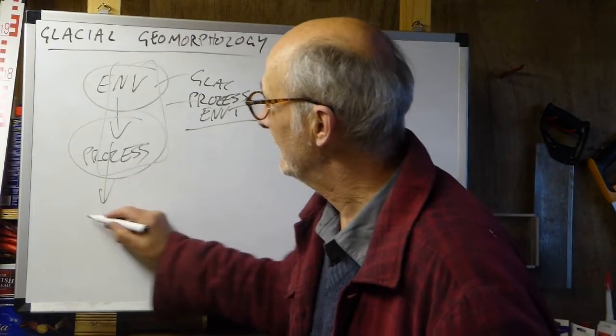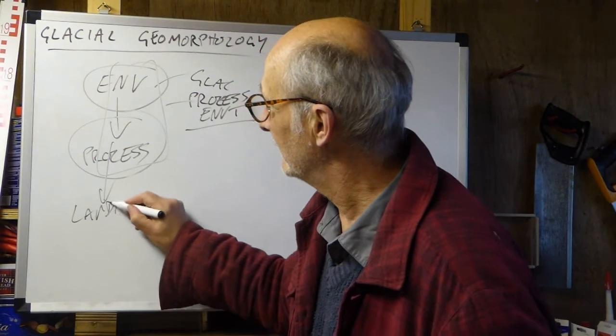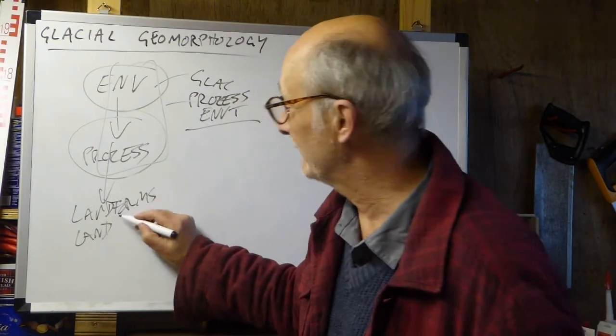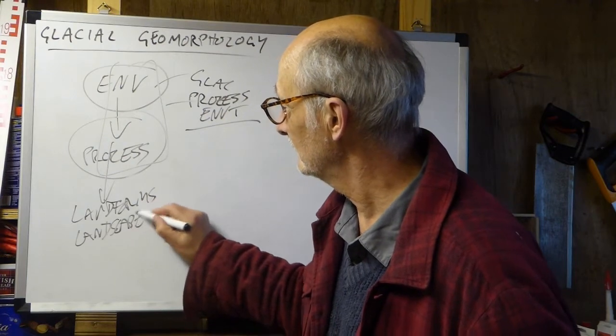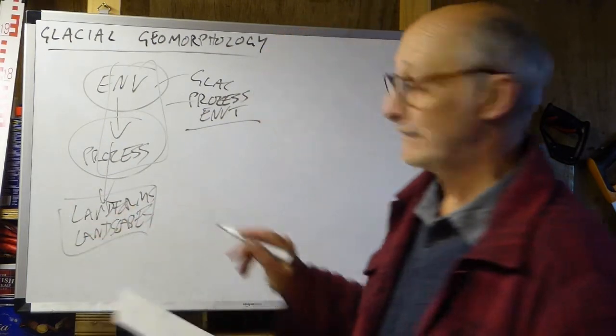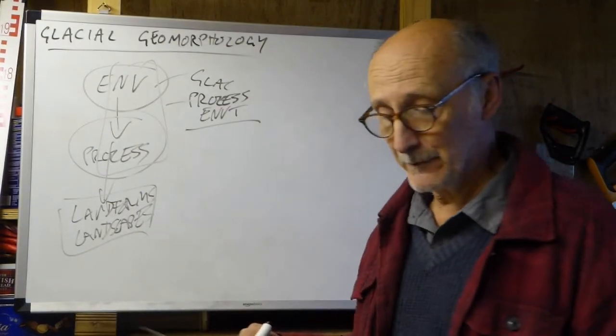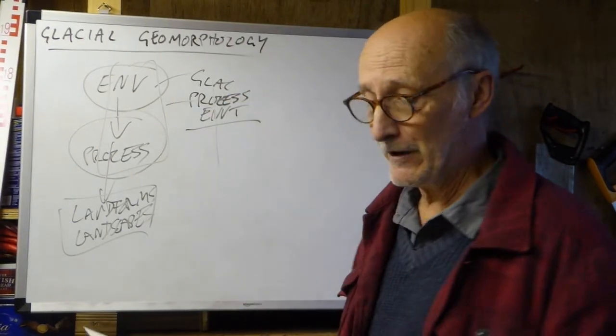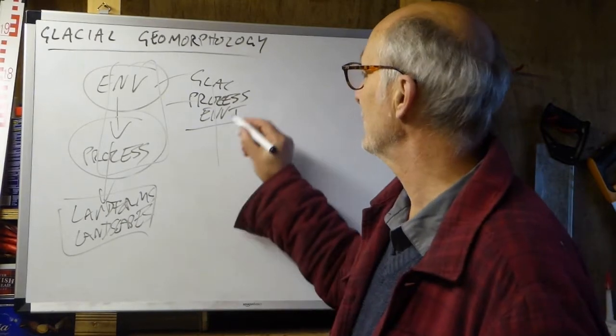Those processes then lead to the development of landforms and landscapes, assemblages of landforms, which are distinctively glacial in nature because they're derived from that glaciological process environment.